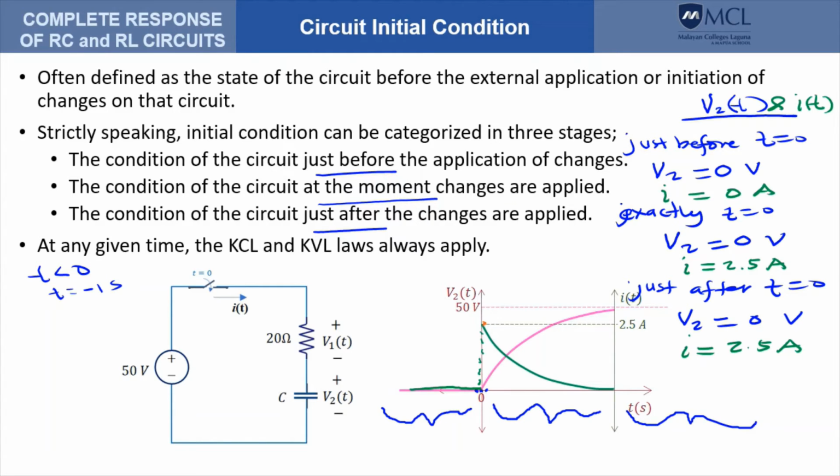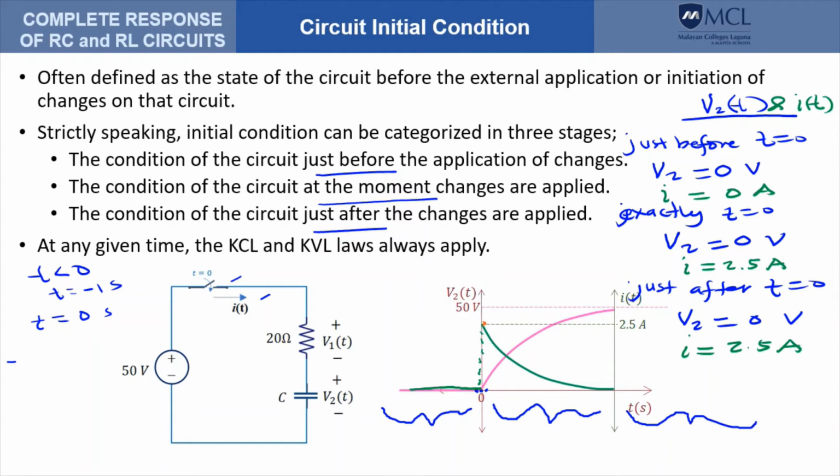Well, our switch is open, so we don't have a complete circuit, so we couldn't write an equation involving the current I. Now let's say t equals exactly 0 seconds. The circuit is complete, so we could write our equation.